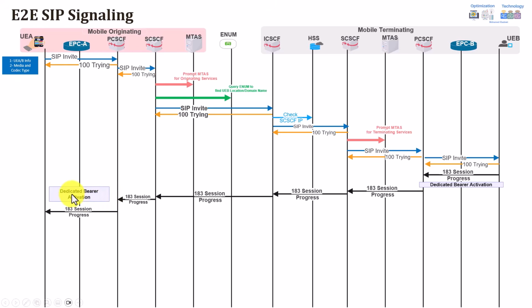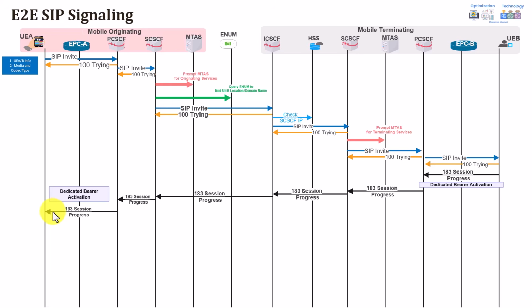Once the dedicated bearer is activated and confirmed, this will be forwarded to the device as 183 Session Progress, and now the UE A, the originating, will receive the answer of the supported codecs. So he will compare both originating and terminating codecs and take the common one. For example, if both support super wideband, whatever the highest one is will be shared by both of them. The codec usually takes the common one.